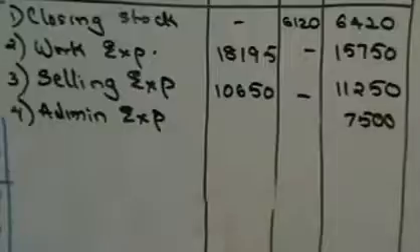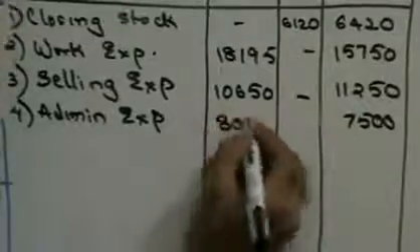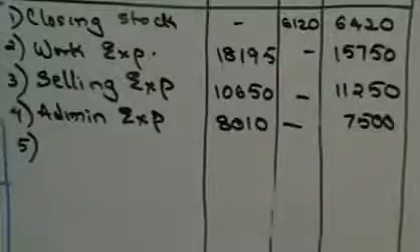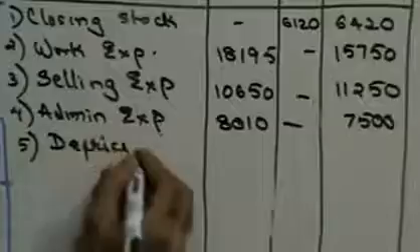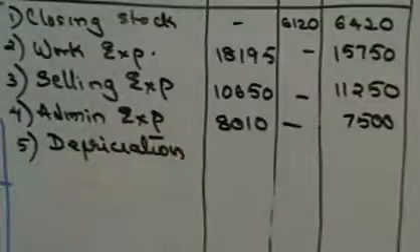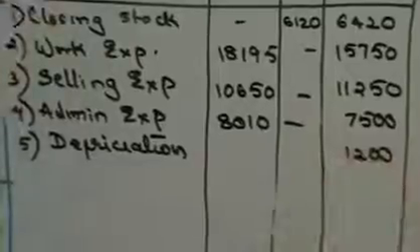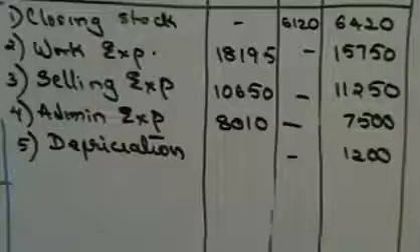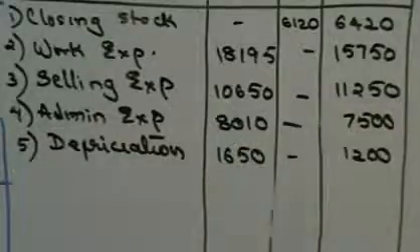So in cost sheet, my administrative overheads is 7,500, whereas in finance it is 8,010. Right? Depreciation. Now depreciation as per cost sheet is 1,200. Right? As per finance, depreciation is 1,650. Right? Do we get this much clear?